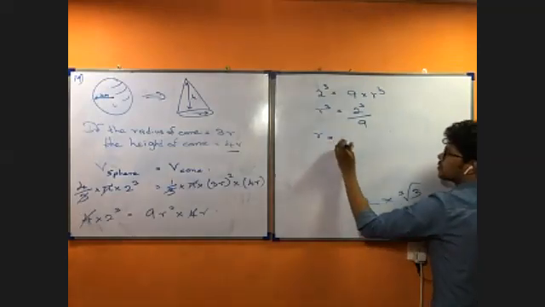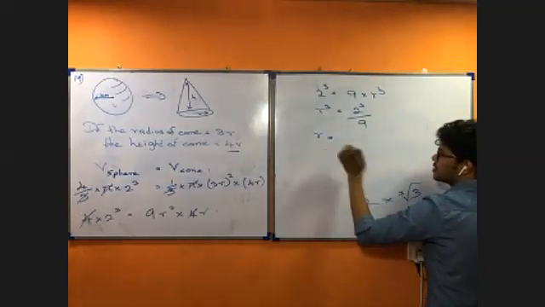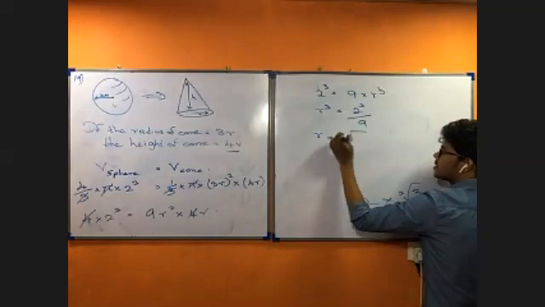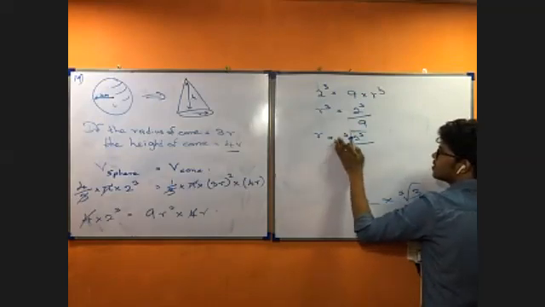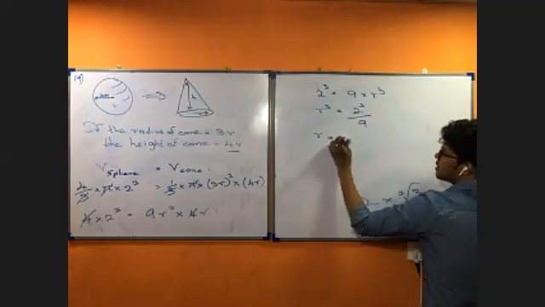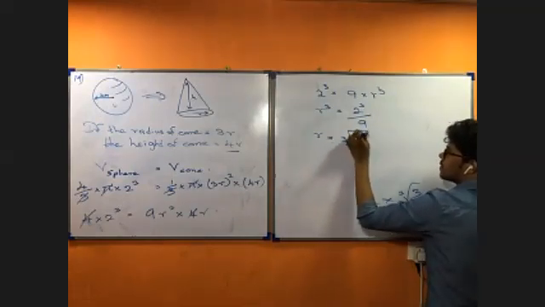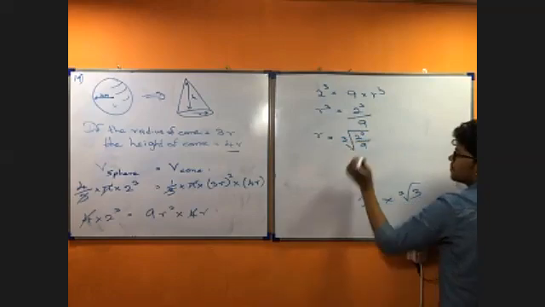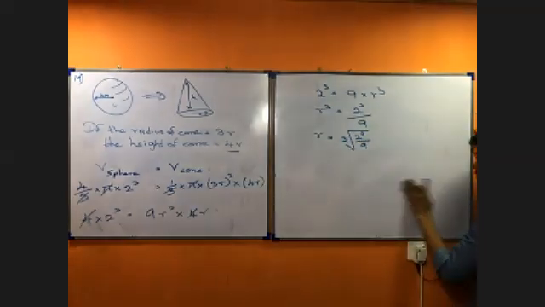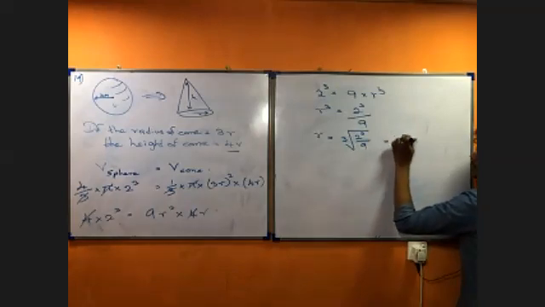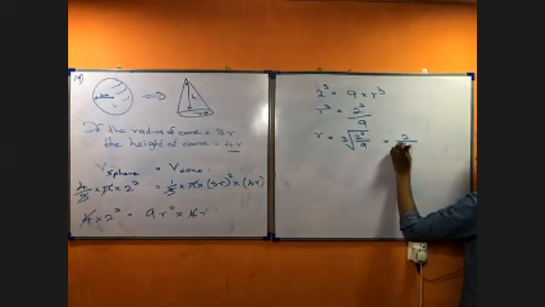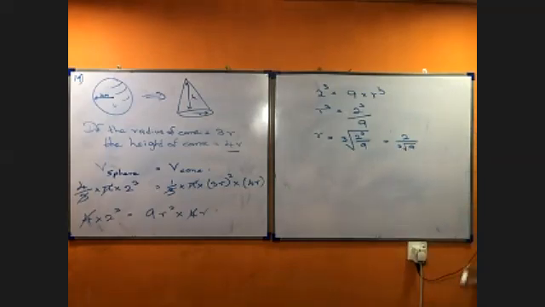Third root of 2 to the power 3 over 9, right? So that is going to be 2 divided by third root of 9.